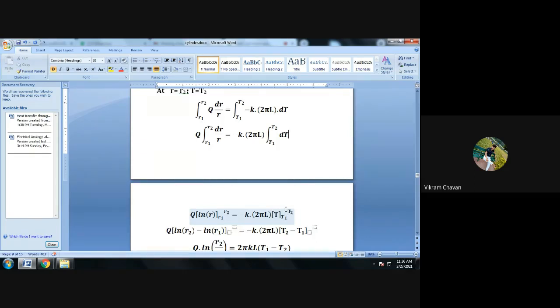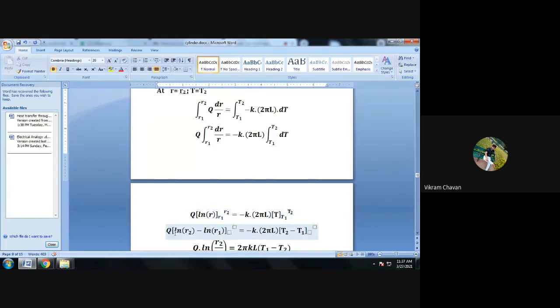Once you get the equation after integration, we have to apply the limits. First you apply the upper limit minus the lower limit.